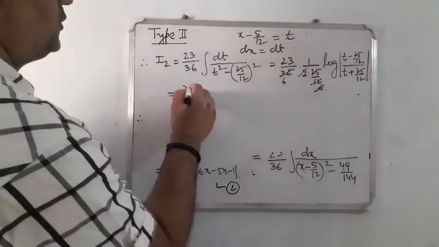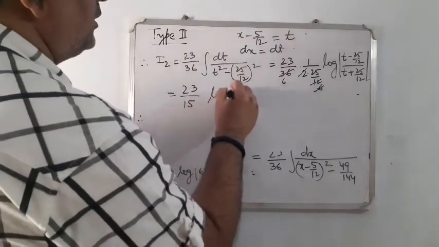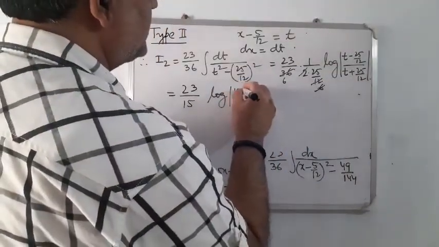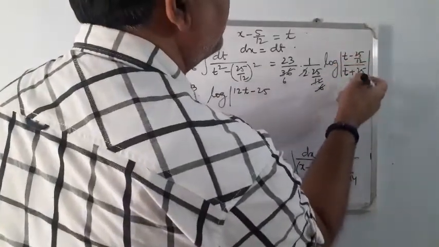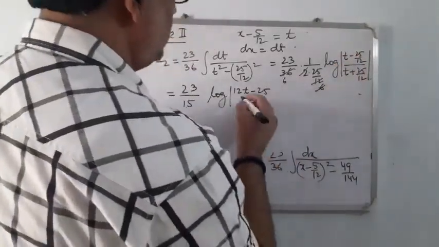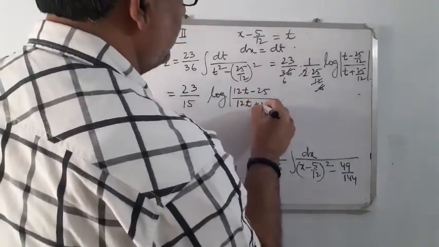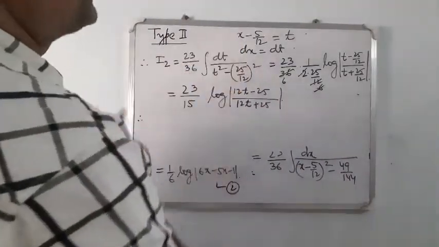This is equal to 23 by 150 log mod. Now you can take LCM. It becomes 12t minus 25. And the LCM in denominator, that cancels out from both. So here you will get 12t plus 25. And now put down the value of t, what you have assumed, x minus 5 by 12.